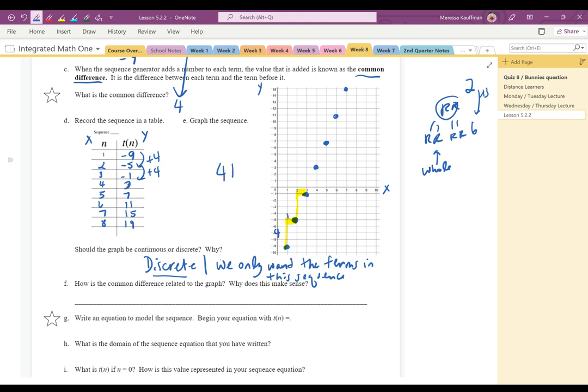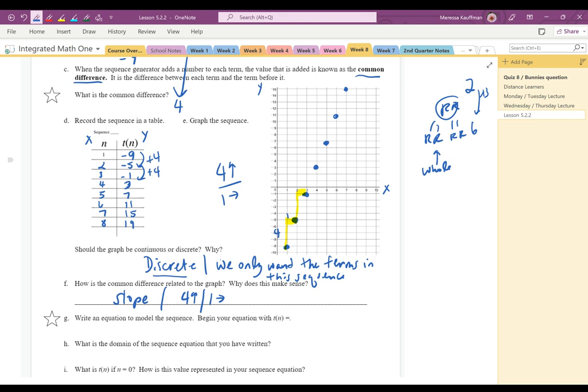It's literally up 4 to the right 1. So how is the common difference related to the graph? It is our slope. We're going to go up 4 and to the right 1. And does that make sense? Absolutely. This is our growth.